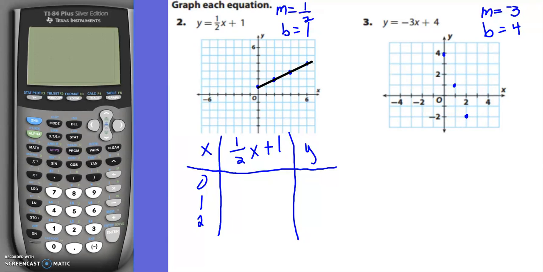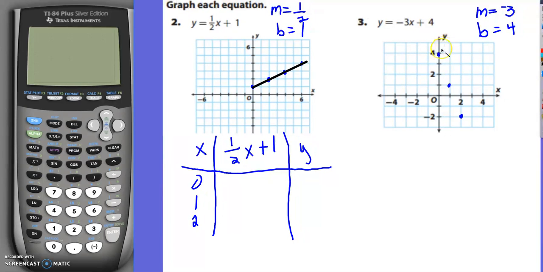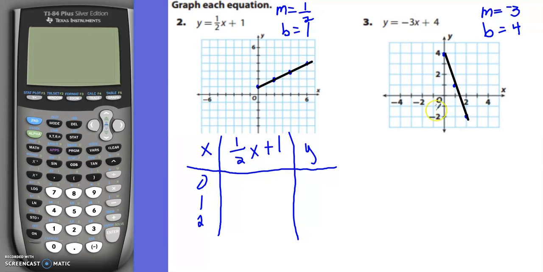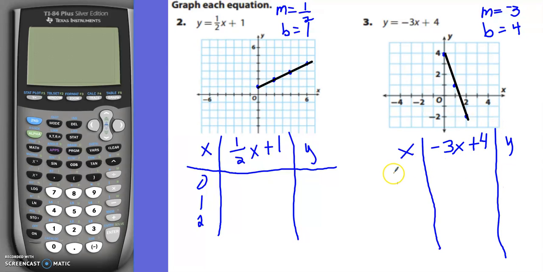And we're going to connect the dots. Same thing, if you don't want to do it graphically, you can always do it with substitution, where you have an input-output table and plug in random numbers. Okay, flip it to the back side.